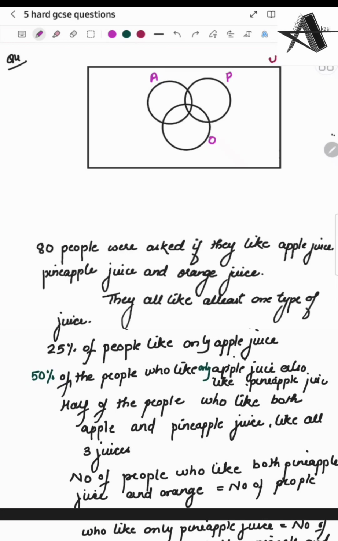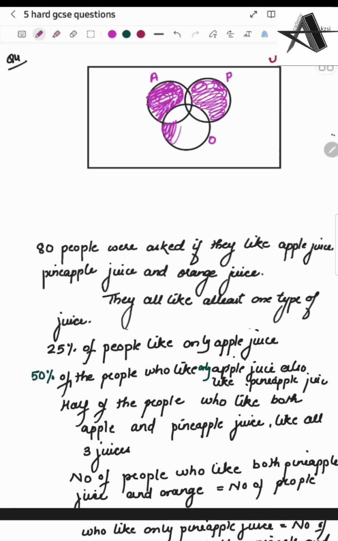Now 25% of the people like only apple juice. Only apple juice means where there is no intersection. This is the region of only apple. This one is the region of only pineapple because it's not sharing anything with the others.